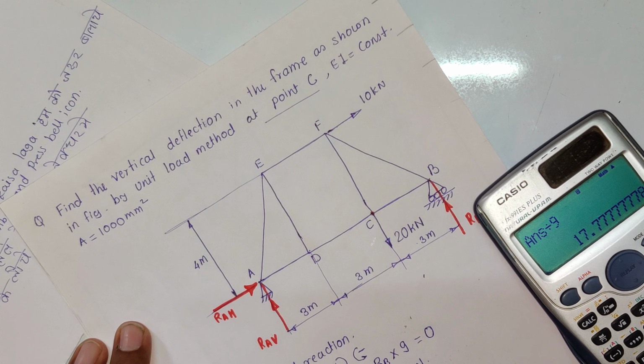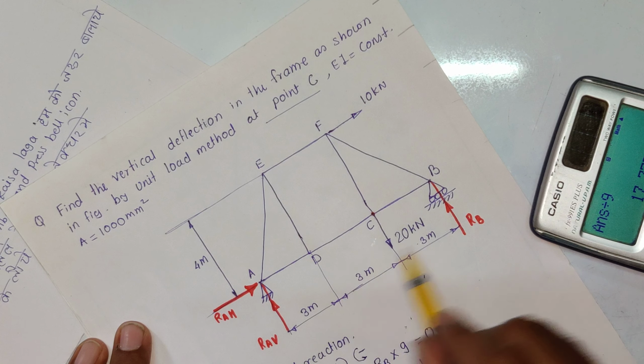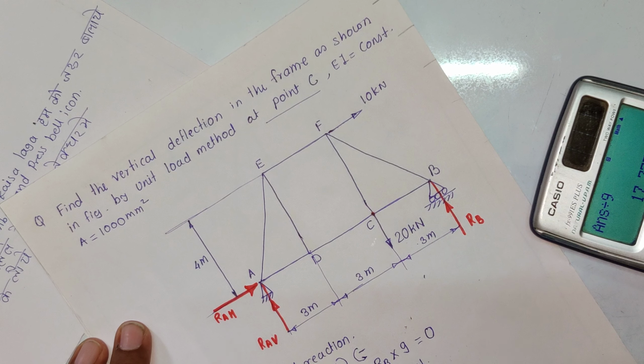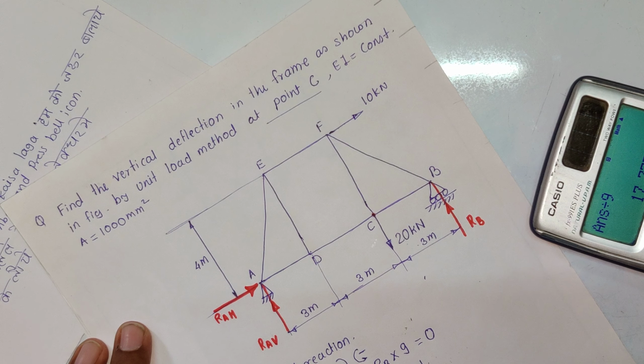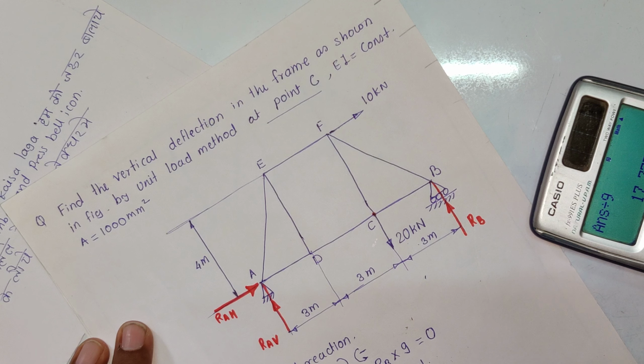We'll consider upward plus and downward negative. So plus, as you can see here, plus RAV plus RB minus 20, you can see here 1, 2 and 3 is equal to 0.